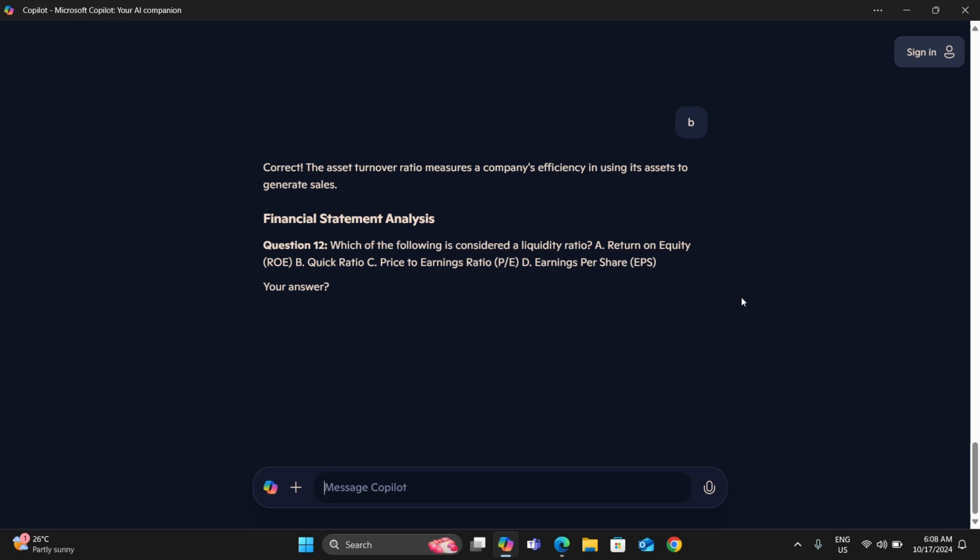Okay, so letter B is a liquidity ratio, but you have to consider all of the multiple choices before deciding. So quick ratio is the right answer, but we have to look at C and D. Price to earnings ratio is a market ratio, and the earnings per share is also related to market ratios. So I'll choose B.